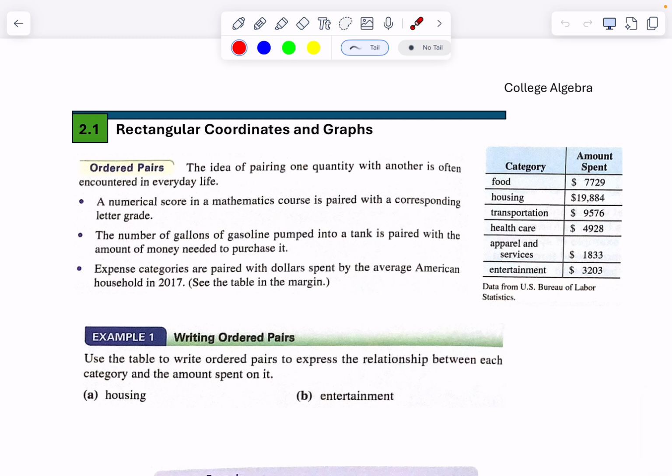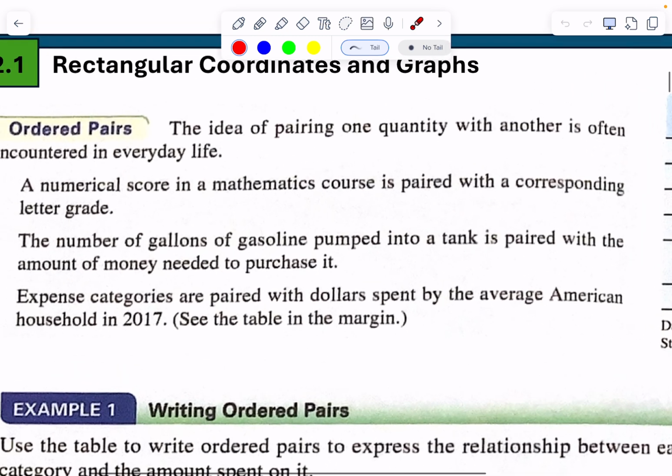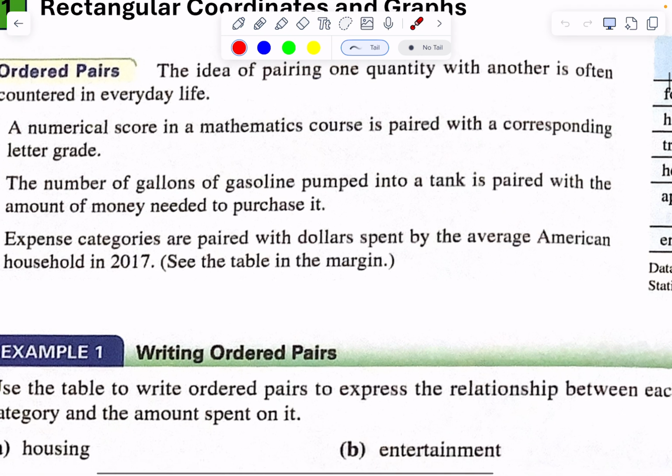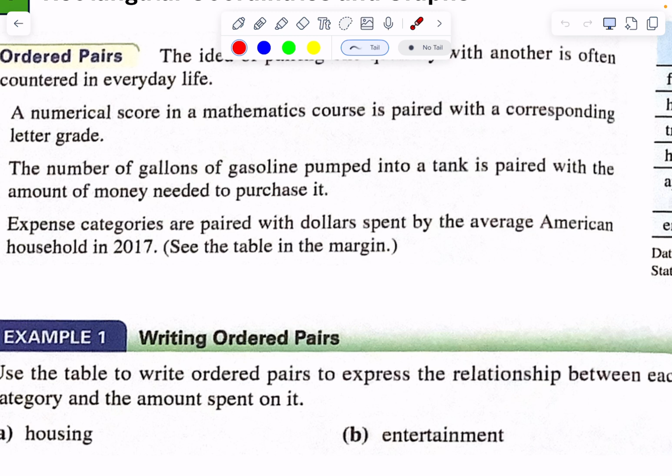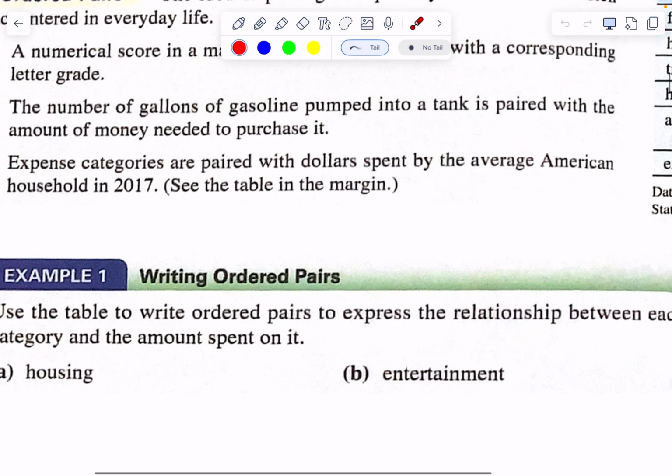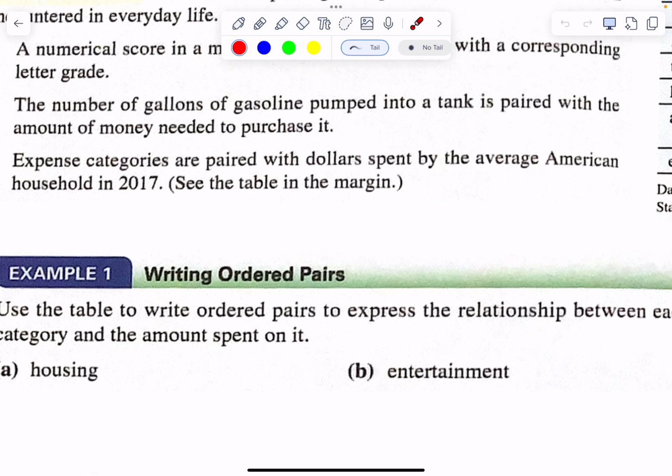So, they're talking about two variables that you're relating to each other, like a numerical score in mathematics paired with a corresponding letter grade, like an X and a Y. The number of gallons of gas pumped into a tank paired with the amount of money needed to purchase it, that's an X and a Y. Expense categories are paired with dollars spent by the average American household in 2017.